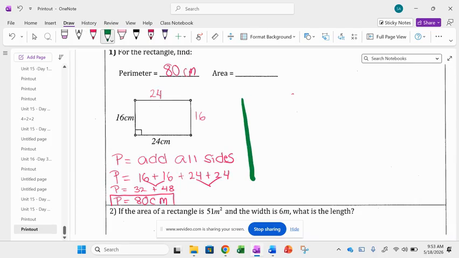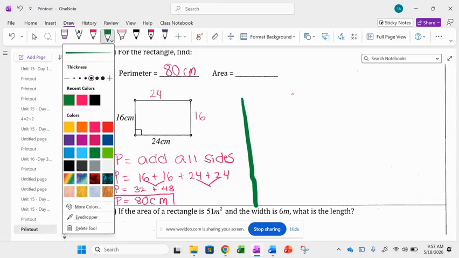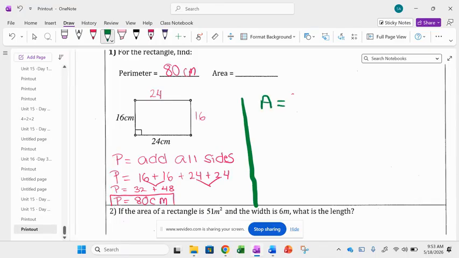Now to find the area, who remembers what is the formula for area of a rectangle? What do we have to do? Area equals length times width or base times height. Now the height is always made with a right angle.